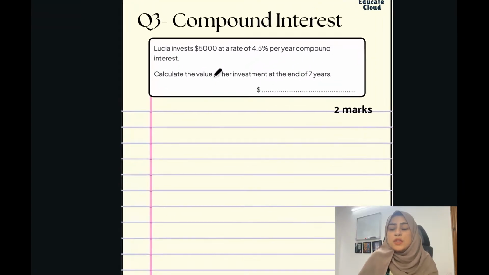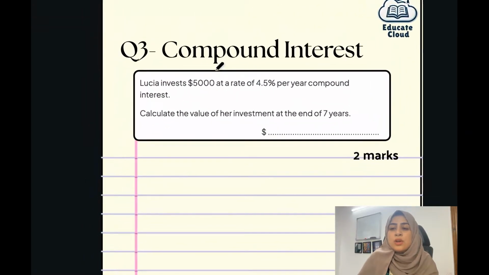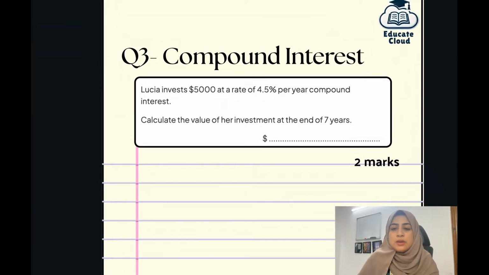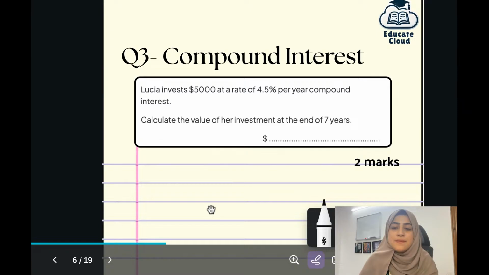Now, the next question is on compound interest. It says Lucia invests $5,000 at a rate of 4.5% per year compound interest. What's the value of the investment at the end of the 7 years? Well, we need to do 5,000, that's the principal amount, times the multiplier.